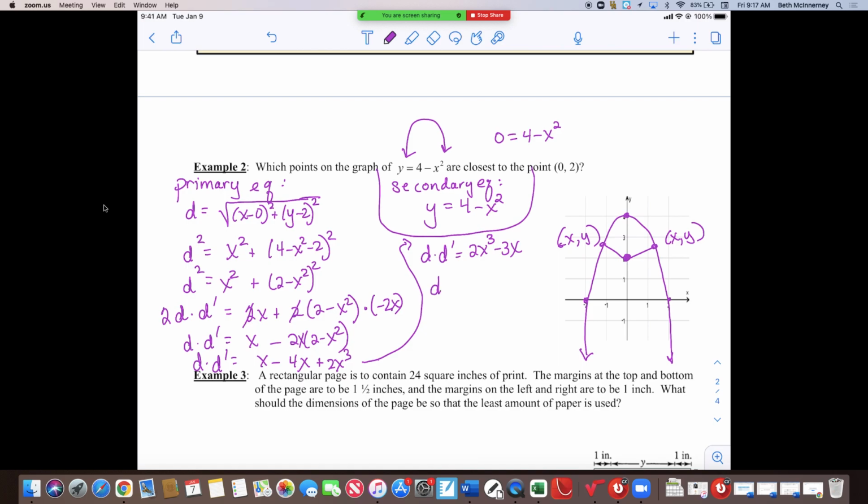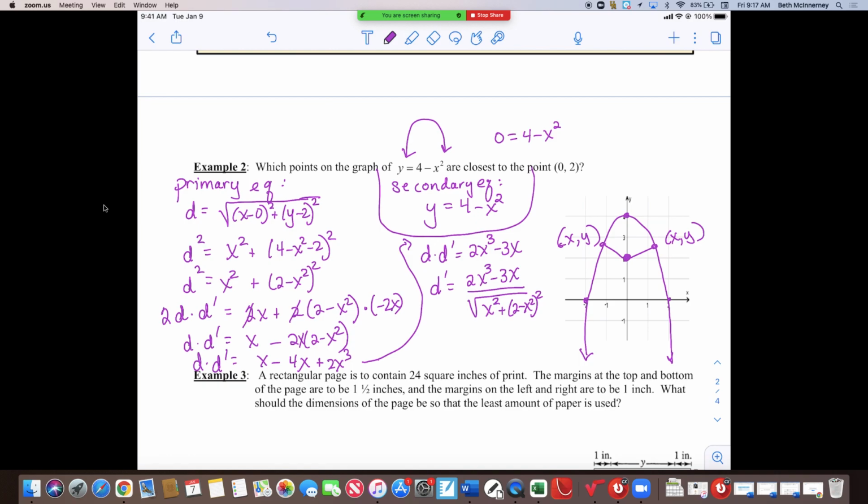And then watch this. Now I'm going to divide by d, but what is d? d is the square root of x squared plus, and I'm going to use my substitution, (2 minus x squared) squared. All right, that's like a lot.